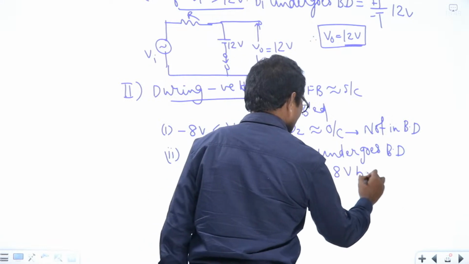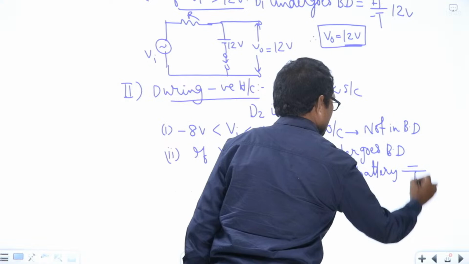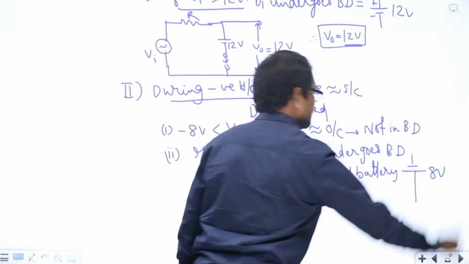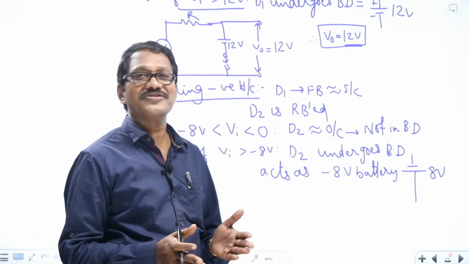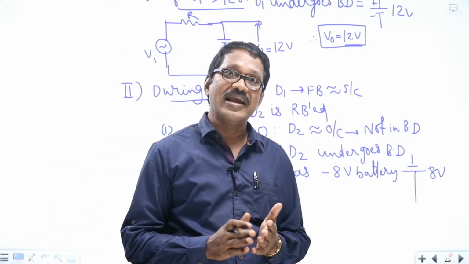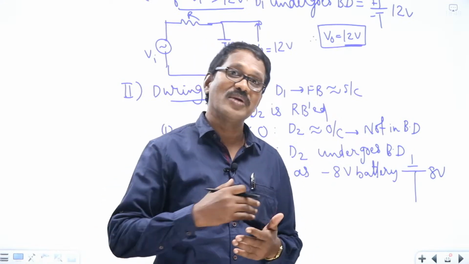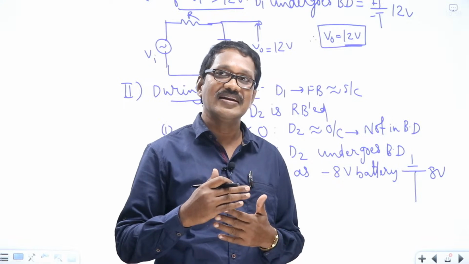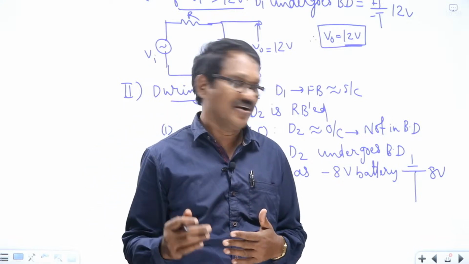Have you understood this? That means during the negative half cycle, the signal below -8 volts is clipped off, whereas during the positive half cycle, the signal that lies above 12 volts is clipped off. Have you understood this?